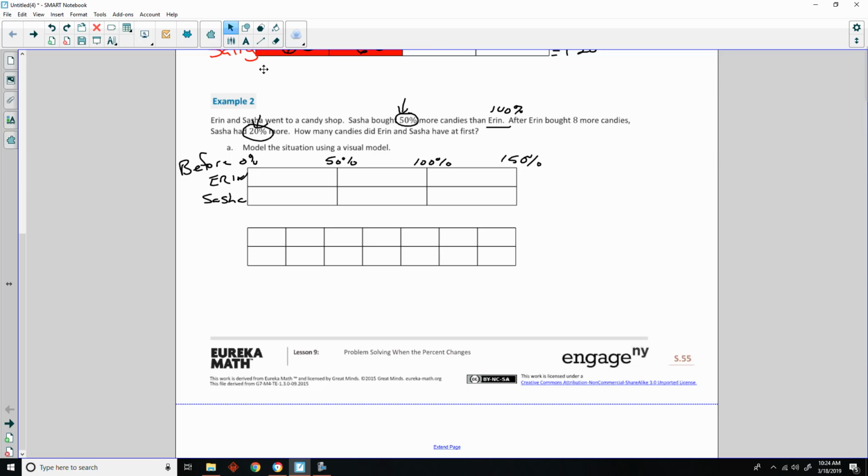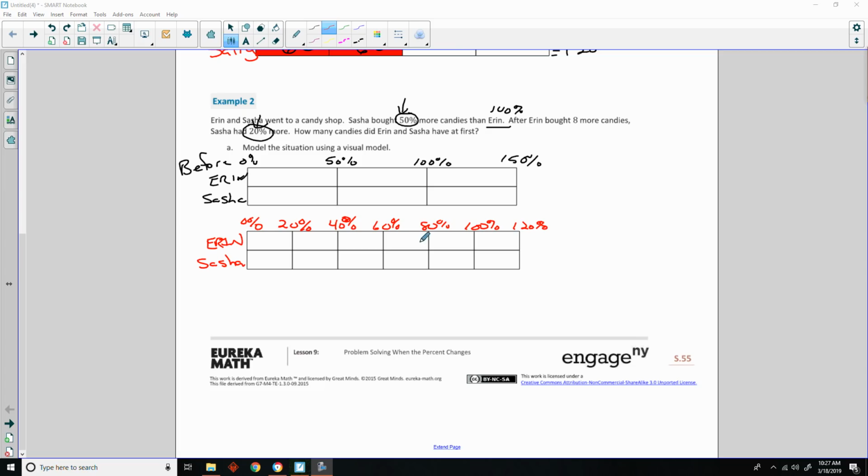Okay, so now we're going to have 0, 20, 40, 60, 80, 100%, and 120%, and 140%. One, two, three, four, five, 6. I have 1 too many. I only want to go out to 120. We're not going to 140. Okay, so now I fix that. 20, 40, 60, 80, 100, 120%.